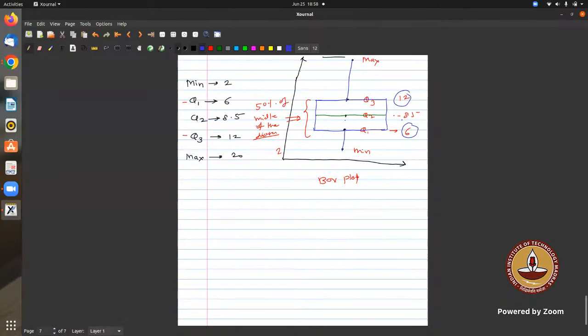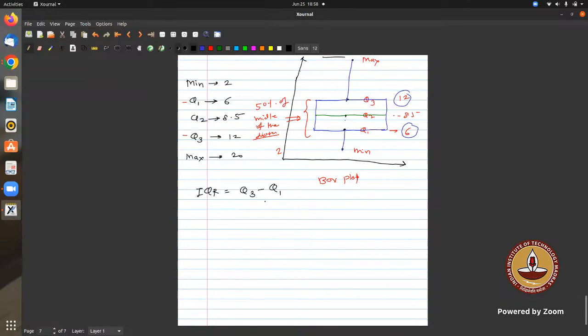It shows the spread of the data, how widespread the data is. This is called the interquartile range. IQR is Q3 minus Q1. This is the basis for outliers.